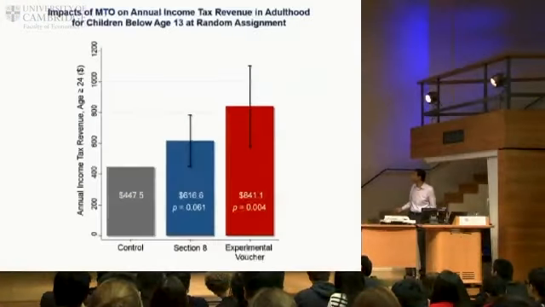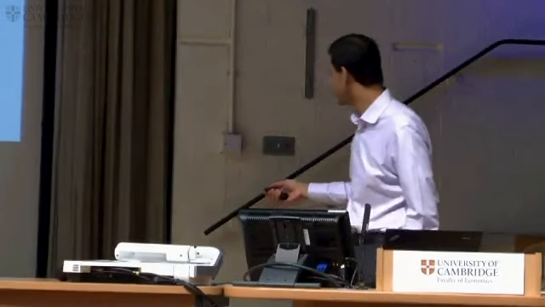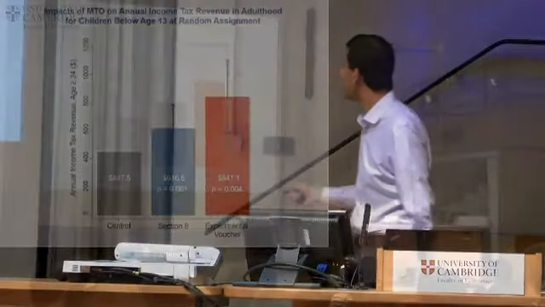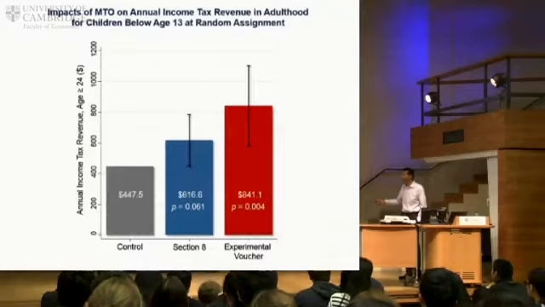If you look at the amount of taxes the kids in the three groups are paying when they're adults, you see that the children who were randomly assigned to the experimental voucher group are paying about twice as much in taxes to the US government relative to kids in the control group, which makes sense because they're earning significantly more. So some of that money is automatically getting returned to the government.